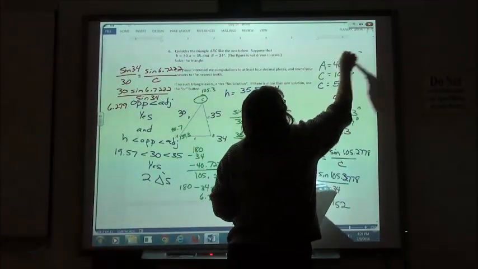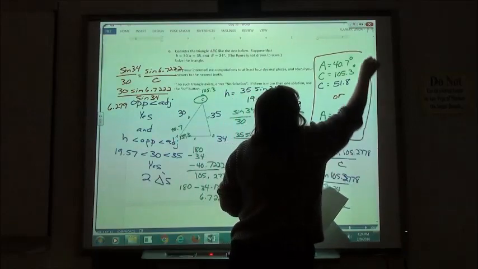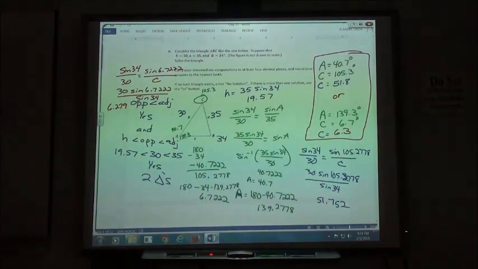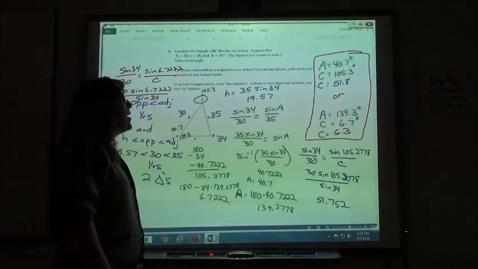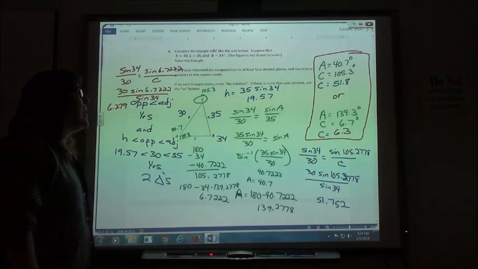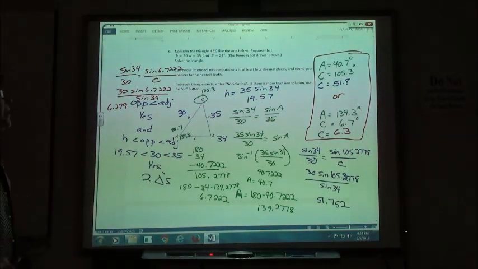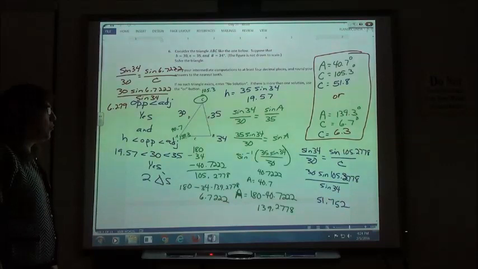So I am going to enter in my answer with 2 sets of answers. Either angle A is 40.7, which makes angle C 105.3 and side C 51.8, or angle A is 139.3, angle C is 6.7, and side C is 6.3.